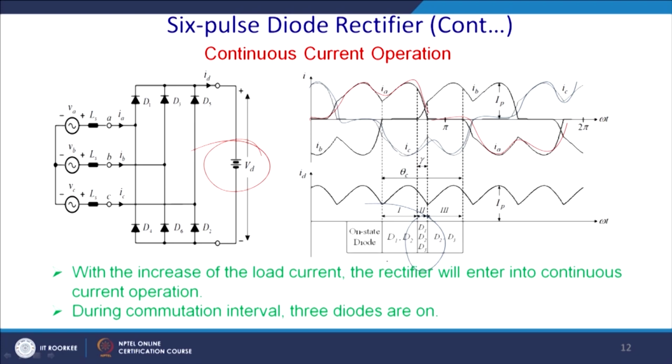So, with the increase in the load current, the rectifier will enter into the discontinuous current operation. During the commutation interval, 3 diodes are on, that is one of the issues. So, you have more conduction loss also, because please understand that these are all power diodes, not the simple signal level diode with 0.7 volt.